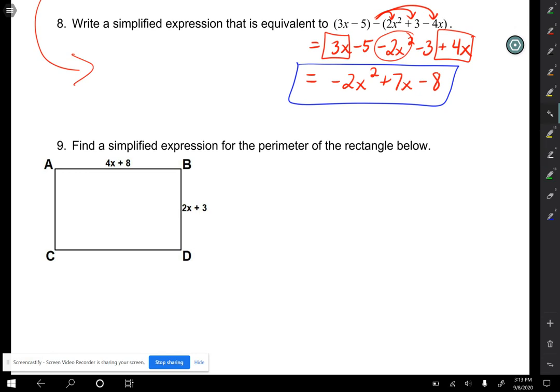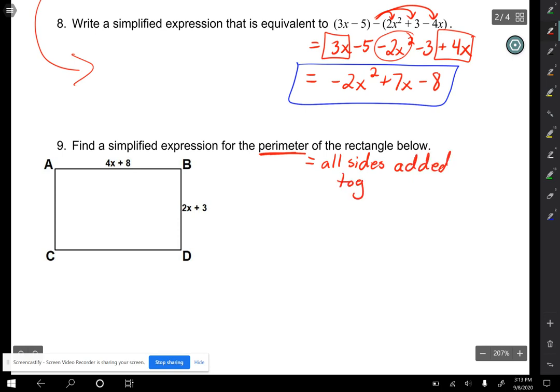Number 9, find a simplified expression for the perimeter of the rectangle below. Now remember that perimeter is all sides added together. So I have to have all sides of this rectangle to be able to add the sides.